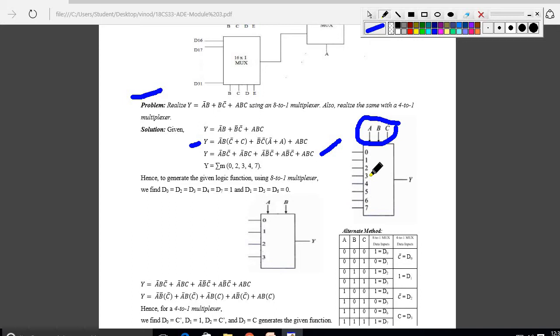So the 8:1 multiplexer, as you know, has data lines from 0 to 7, totally 8 data inputs, and 3 select lines or control inputs.